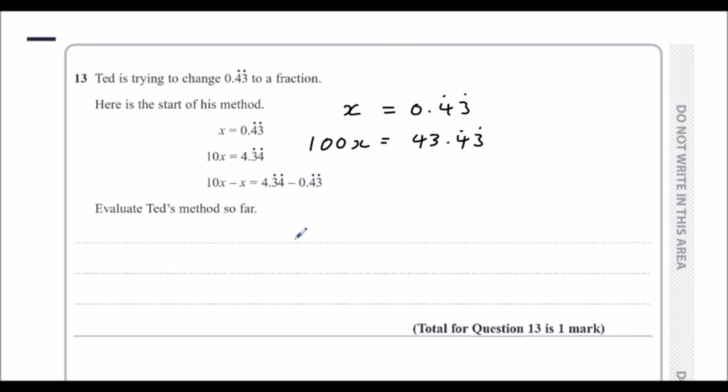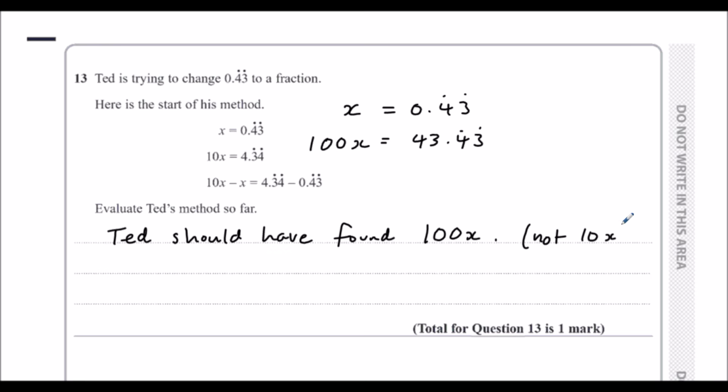So Ted should have found 100x, not 10x. It's only one mark, so that should do.